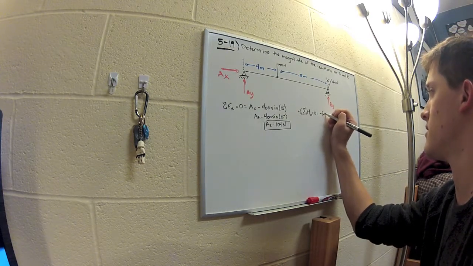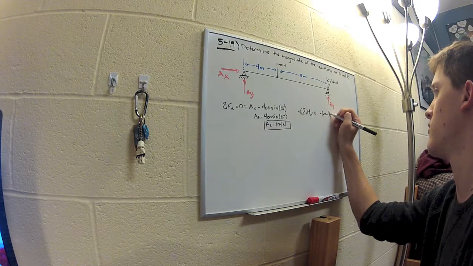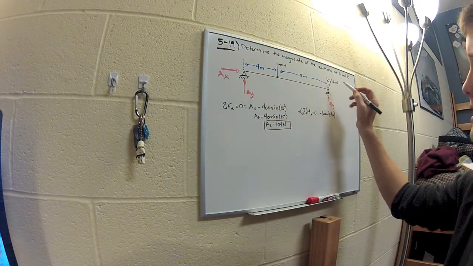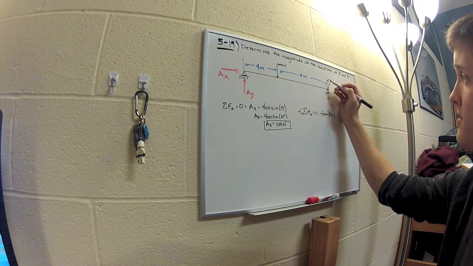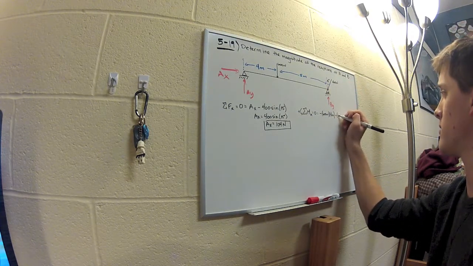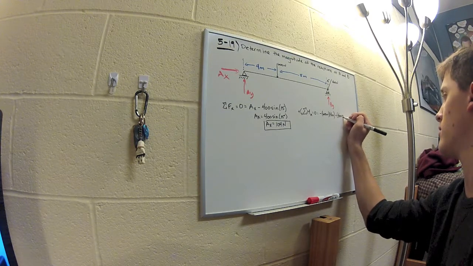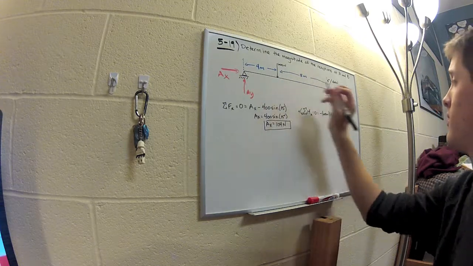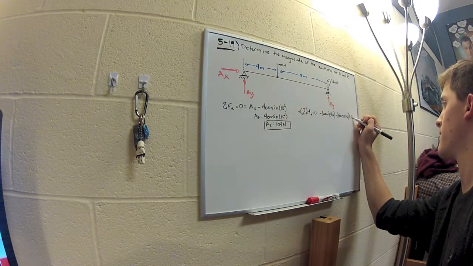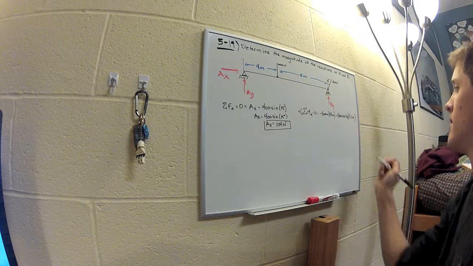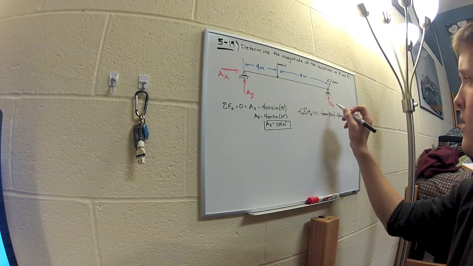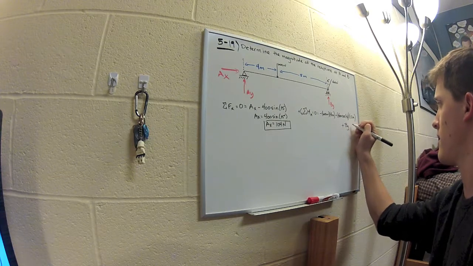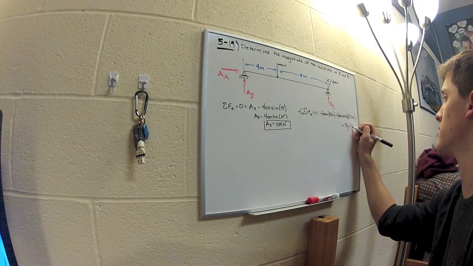So negative 600 newtons times 4 meters, minus 400 cosine of 15 times 12 meters. And then we're also going to add in By, which is positive: plus By times 12 meters.